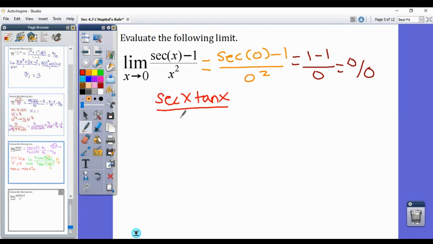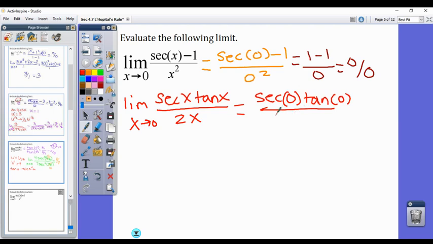And then the denominator is going to be 2x. All right, so now let's try to take that limit again. Are you seeing the problem here? So now we're going to do secant of 0 times tangent of 0, all divided by 2 times 0. Ooh, do you see the problem?